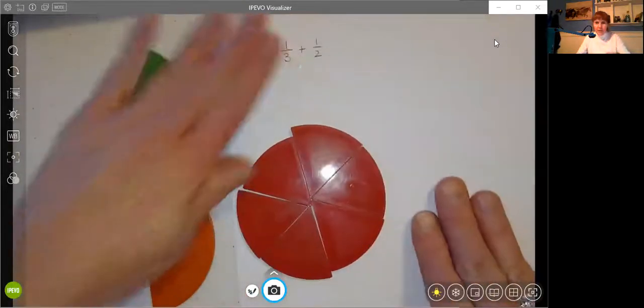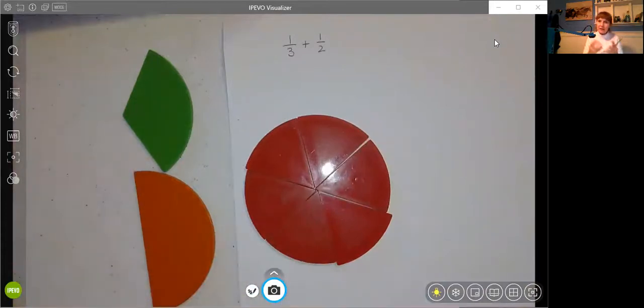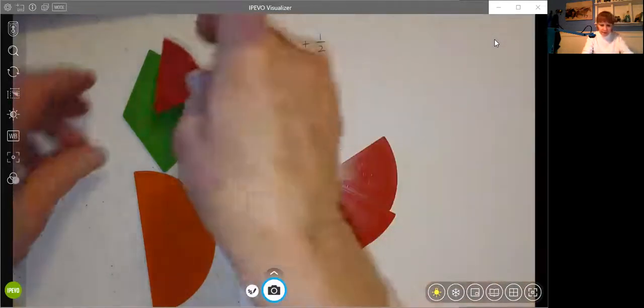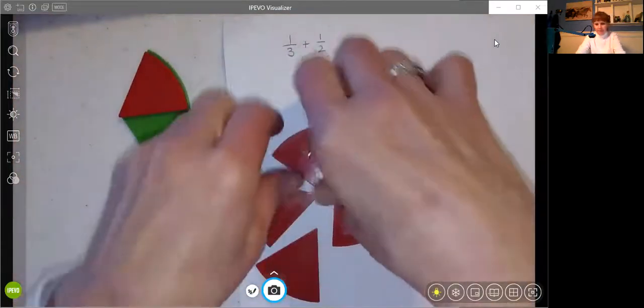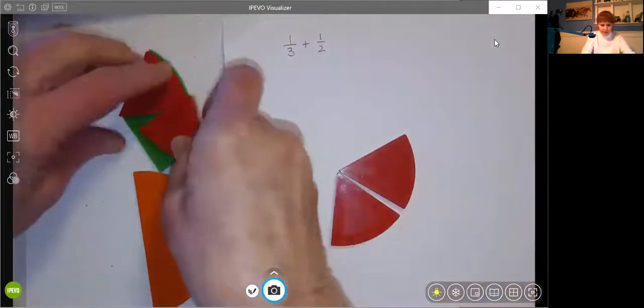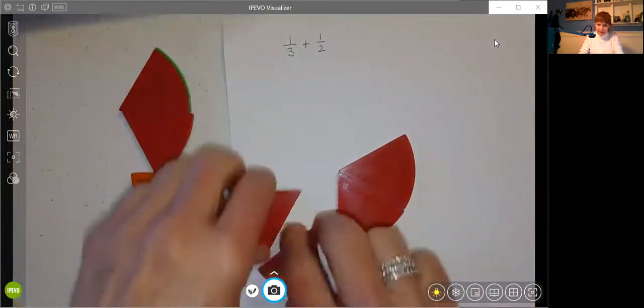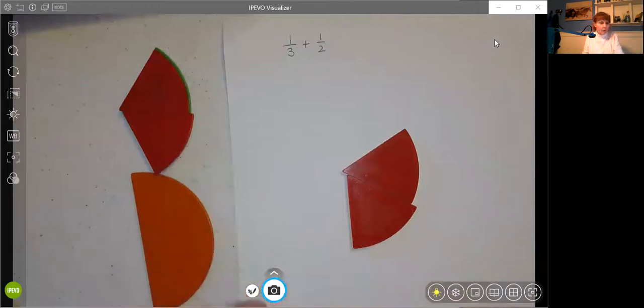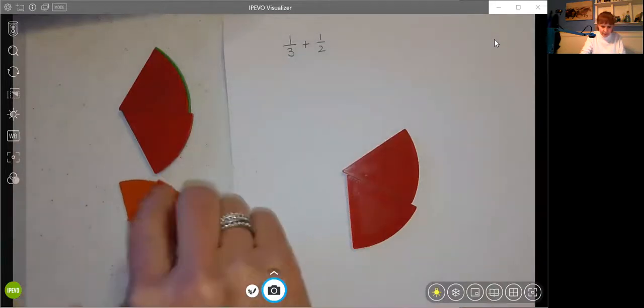What I can do is change these into pieces the size of a 6. If I have 2/6 instead of 1/3, it means the same amount. 2/6 is the same as 1/3.